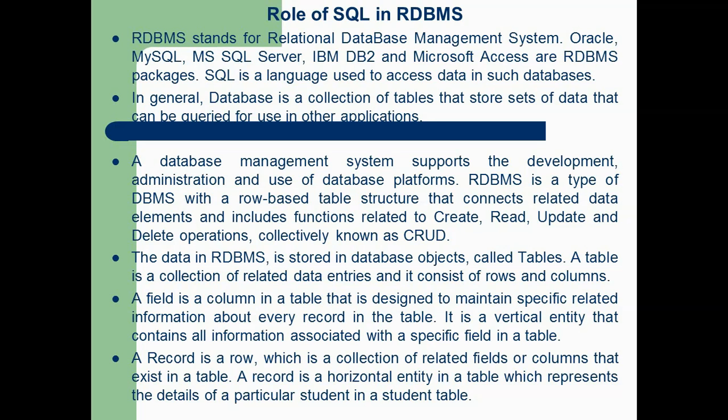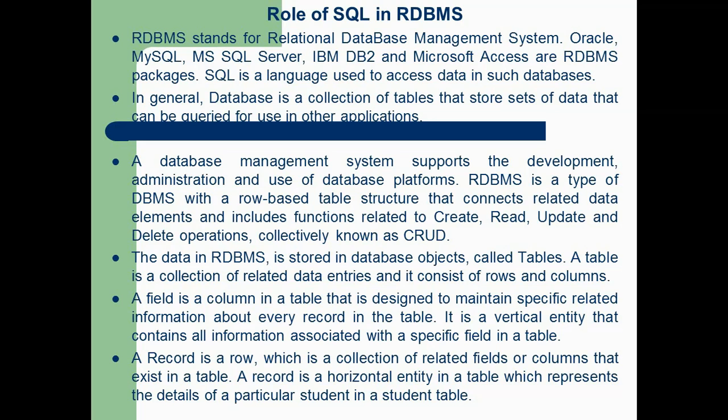The data in RDBMS is stored in the form of tables. A table is a collection of entire related data, and it consists of rows and columns. In databases, a field is also called a column. Each and every column maintains specific related information about every record. Here, a record refers to a row. So a record is a row, which is a collection of related fields or columns existing in a table.